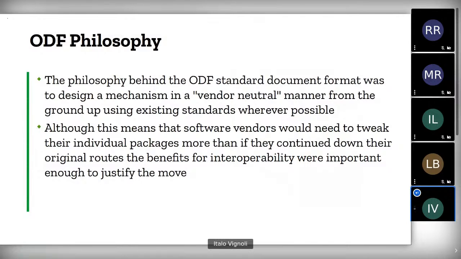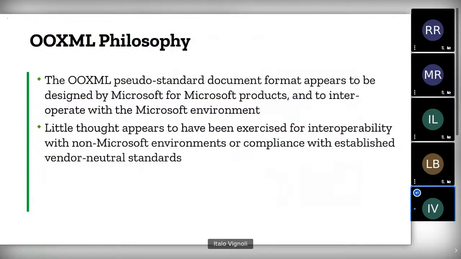We all know that although it was based originally on the OpenOffice.org format, it was forced to become independent, and in fact, OpenOffice.org had to change its native format to reflect the standard, because the organization that was designing and improving the standard privileged the benefit of interoperability over the advantage of having a format which is strictly connected to one software, which is exactly the opposite of what happened with Office OpenXML.